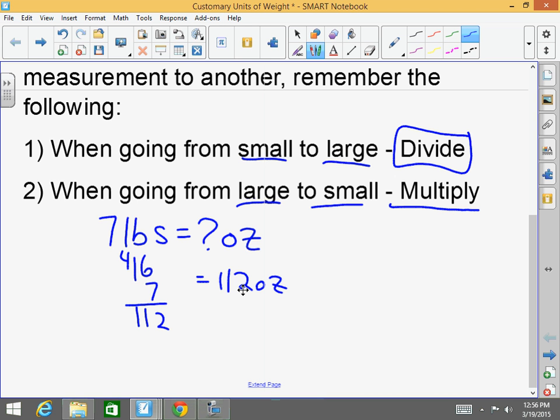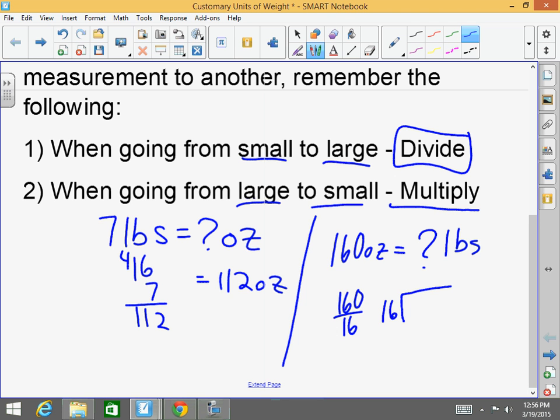Now, if I go from small to large, I'm going to divide. For example, let's say I have 160 ounces, and I want to know how many pounds there are. Well, in this case, I'm going from small to large, so I'm going to divide 160 by 16, and 16 goes into 160 10 times.